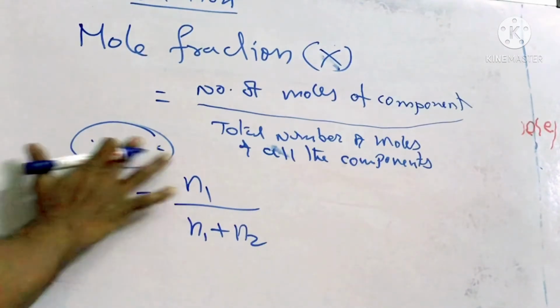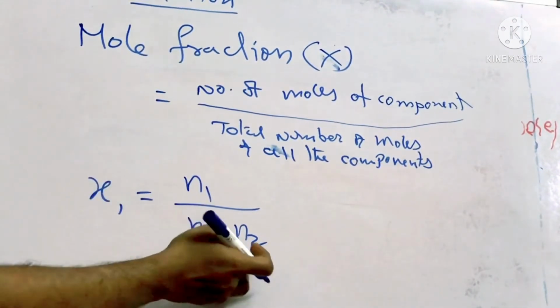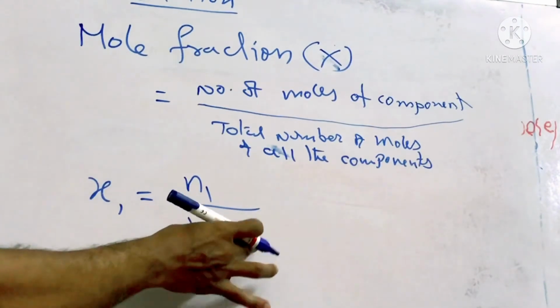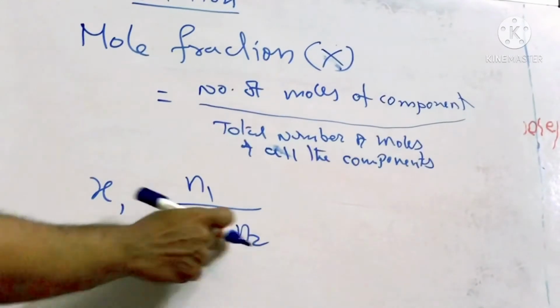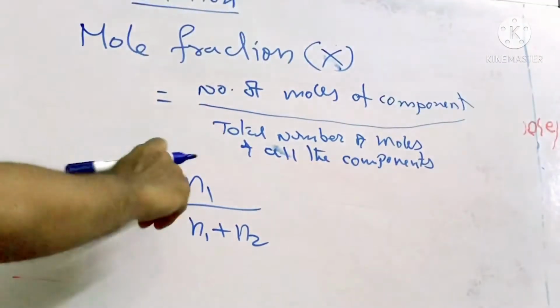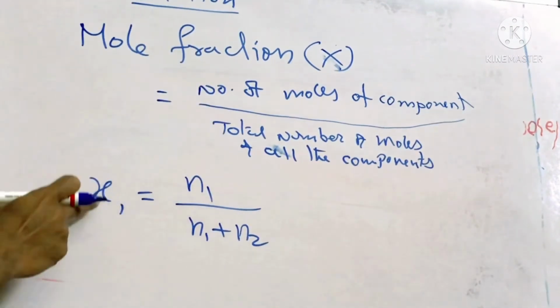Component 1 is the solute, for example, and component 2 is the solvent. So this is the total number of moles of the solution, and this is the moles of the particular component, so it gives x1.